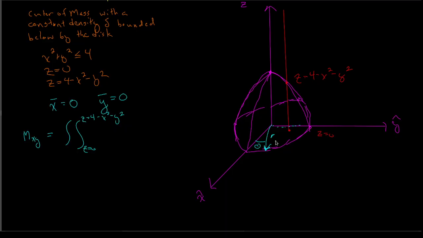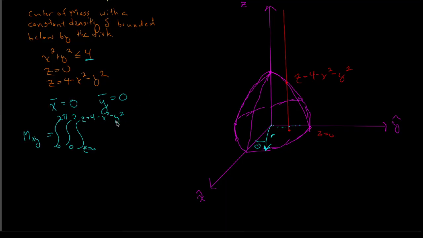And if I look at my radial change, then I have a radius of 4, and so I'm coming in at 0 and coming out at 2, and I'm rotating all the way around from 0 to 2 pi. So I think cylindrical coordinates offer a better symmetry for this.